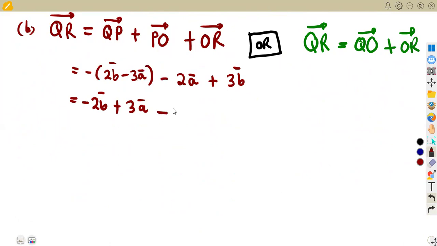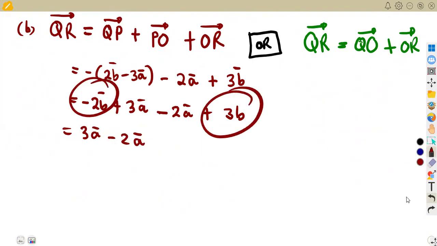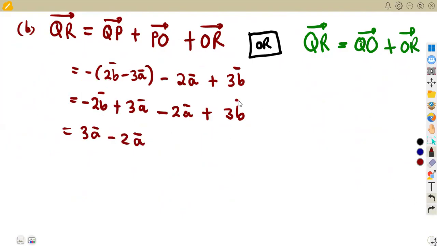So you're going to remain with minus 2a plus 3b. Collect your like terms, vector a and vector a together. So that is going to have 3a minus 2a. Vector b and vector b together. So this is 3b. You can even start with a positive there. Positive 3b minus 2b. Just like that.